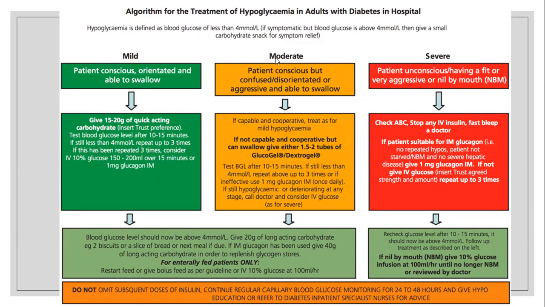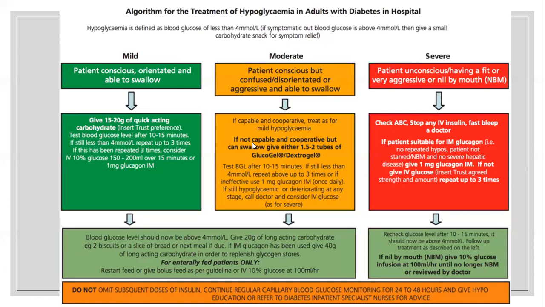If my patient has moderate hypoglycemia, the patient is conscious but confused, disoriented, or aggressive, and able to swallow. If capable and cooperative, treat as for mild hypoglycemia.